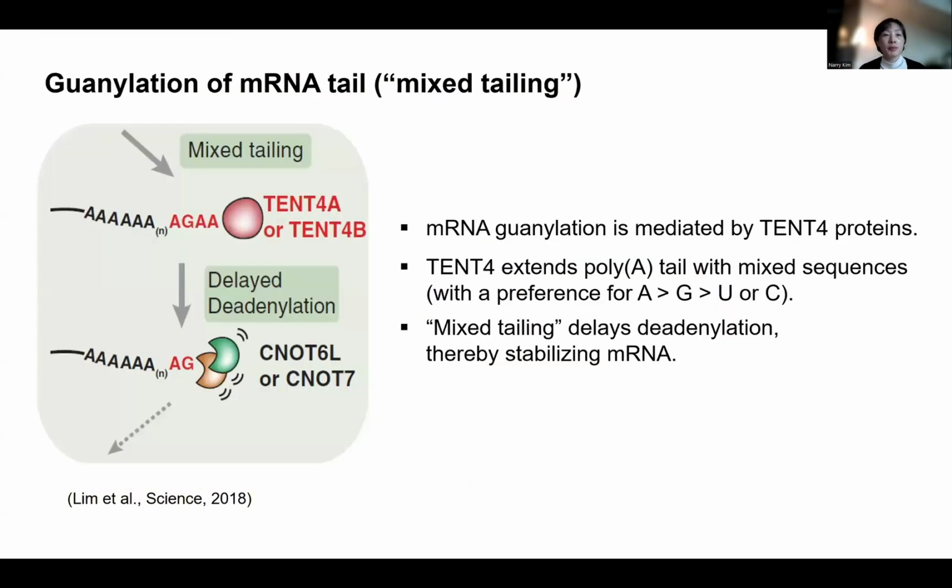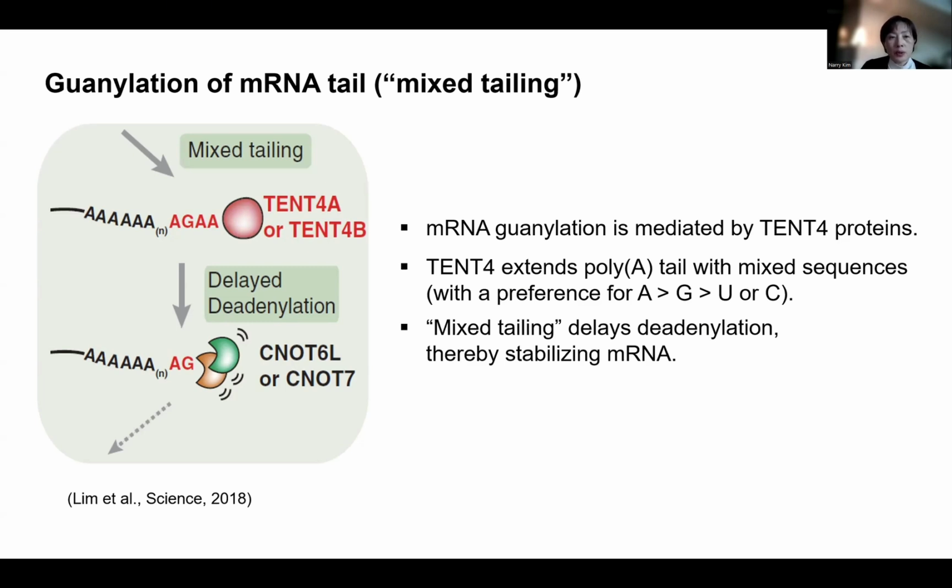So altogether, we propose that guanylation of mRNA, which is in fact mixed tailing, is mediated by TENT4 proteins, and this enzyme extends the poly A tail with mixed sequences with a strong preference for A, but also incorporating other nucleotides, thereby delaying the deadenylation and stabilizing messenger RNA.